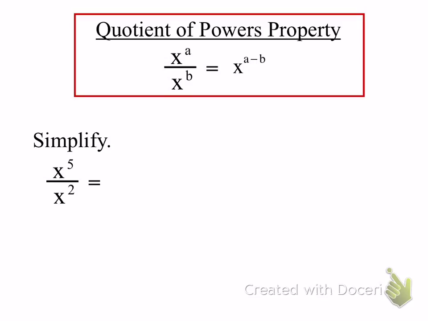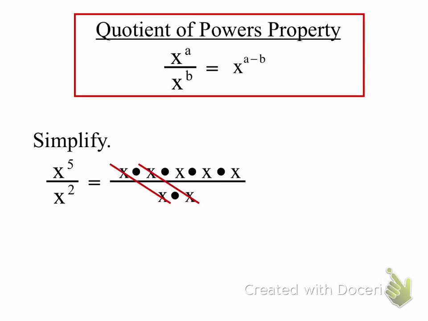If I were to expand this out and then simplify it, I could divide common factors out. So I could take one factor of x and another factor of x, and what's left in the numerator?